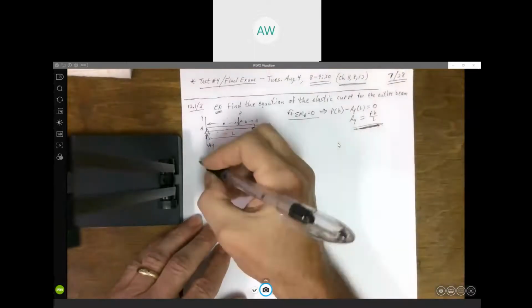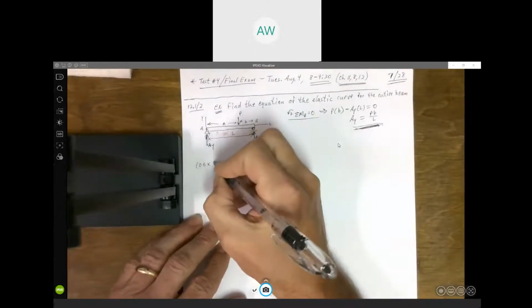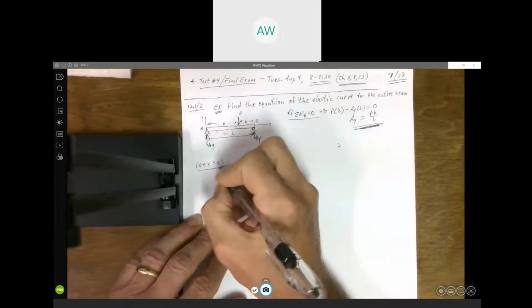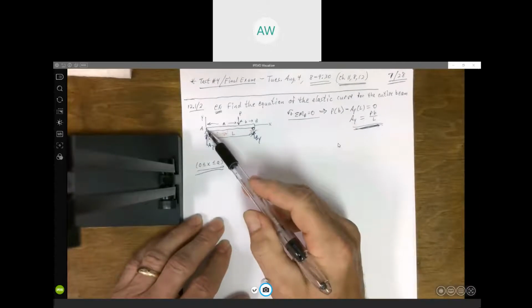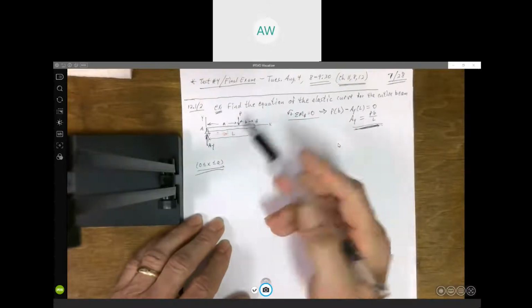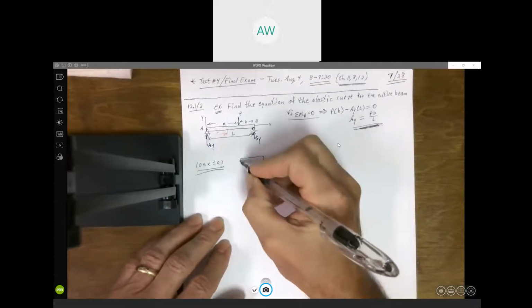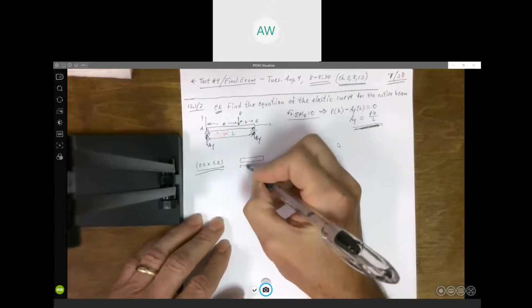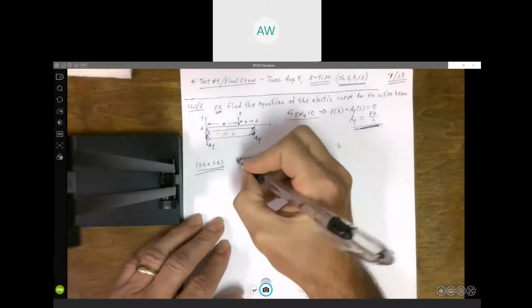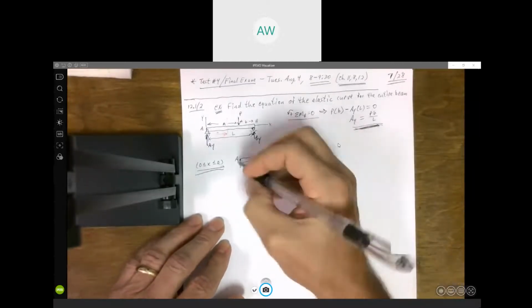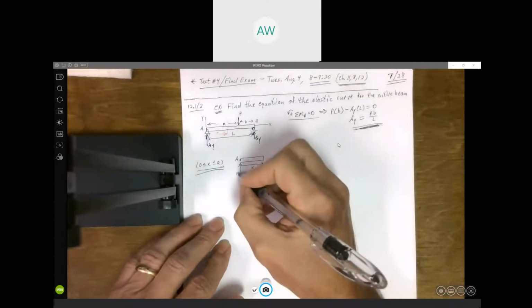Keep in mind the results that we're about to compute are only valid for this part of the beam, for x values between 0 and a. So we come out here some arbitrary distance x and cut it. And this is end A. We just found AY was Pb over L.